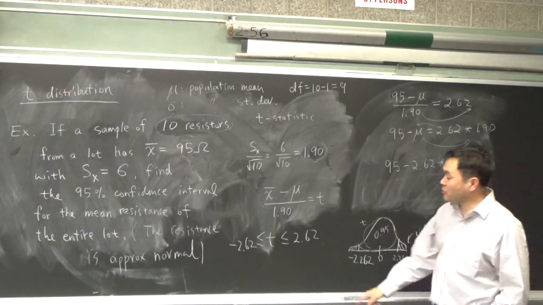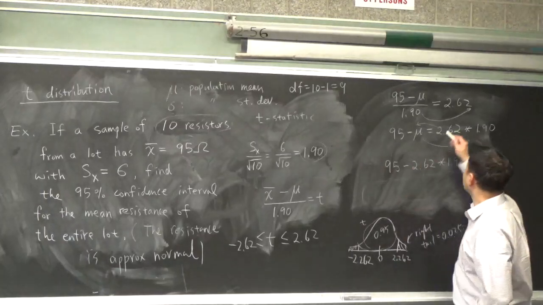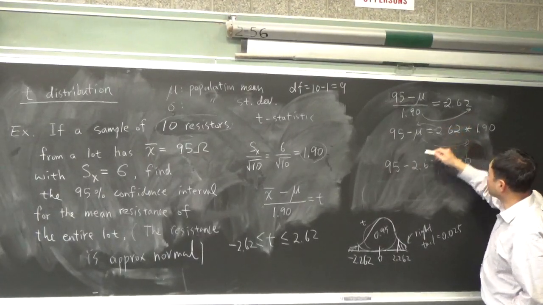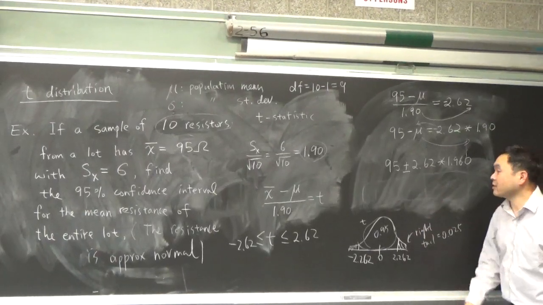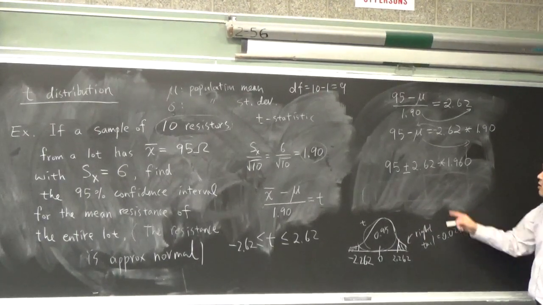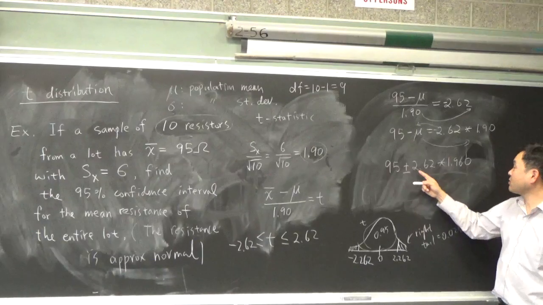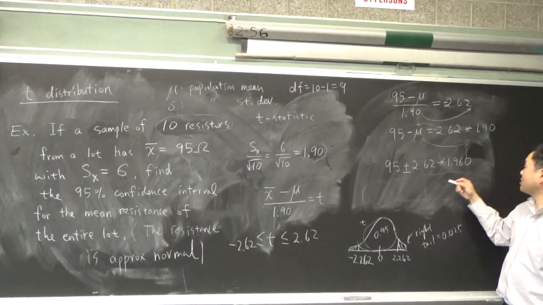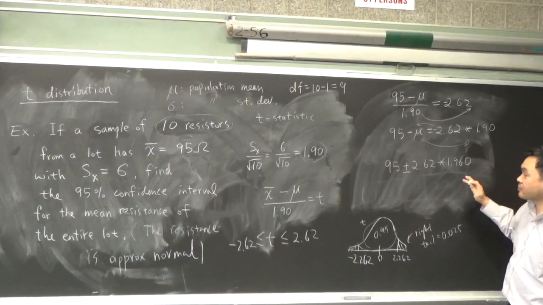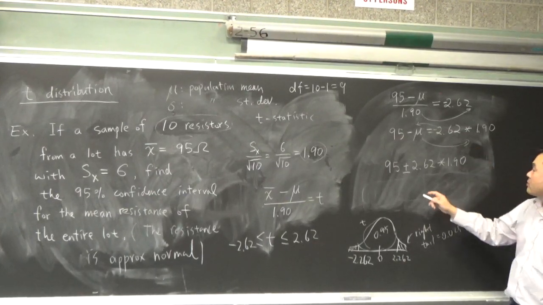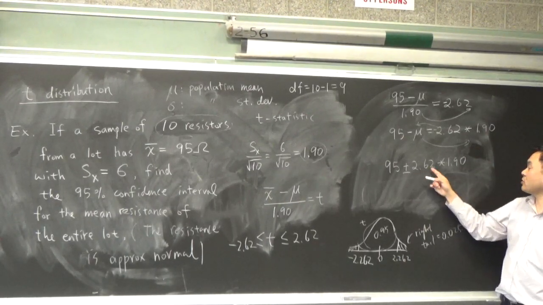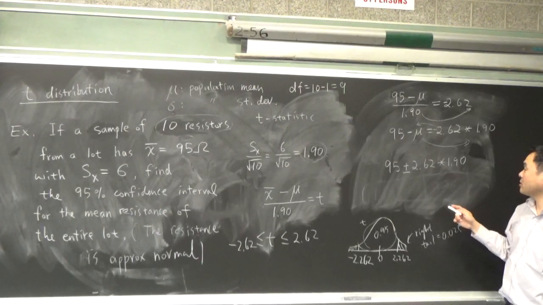And what happens if you had a minus in here? This will be minus, this will be minus, this will be plus, right? So you see that the two extremes are 95 plus this times that, plus 2.62 times 1.90.